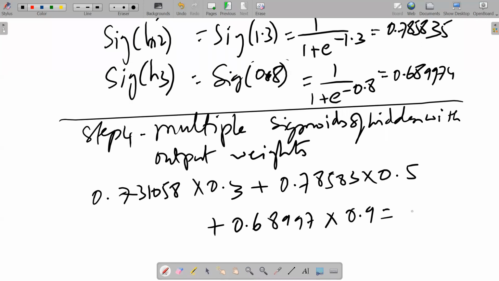If you do this sum product, you get 1.2332121.